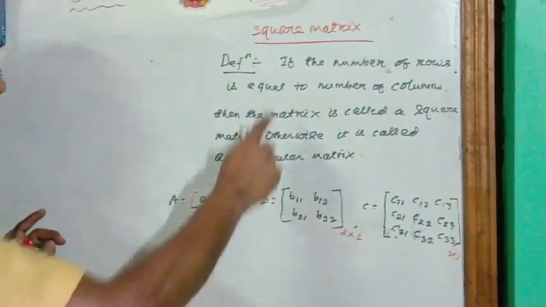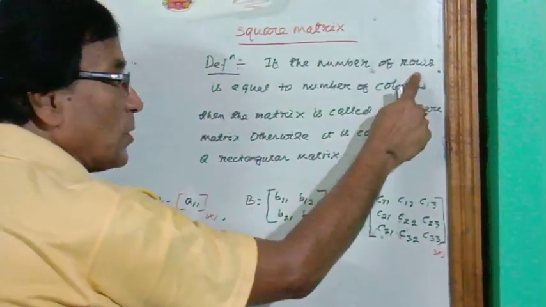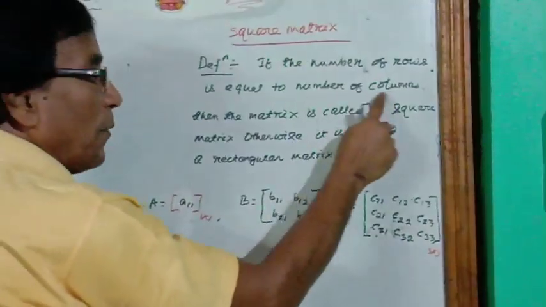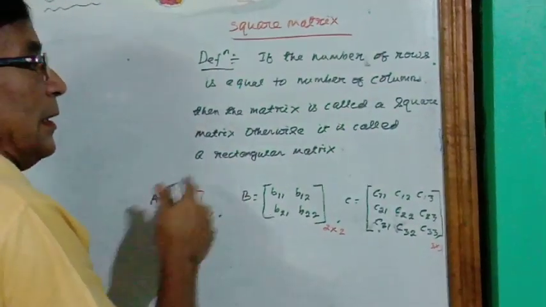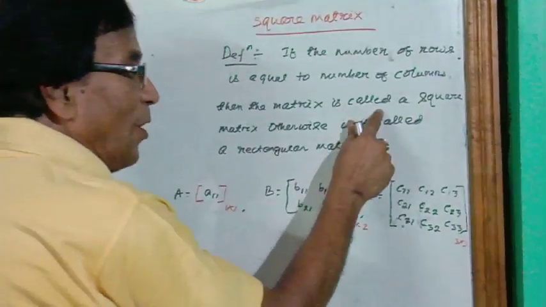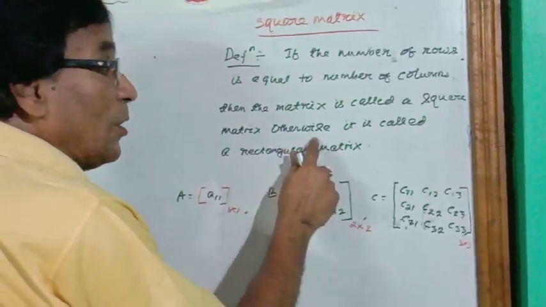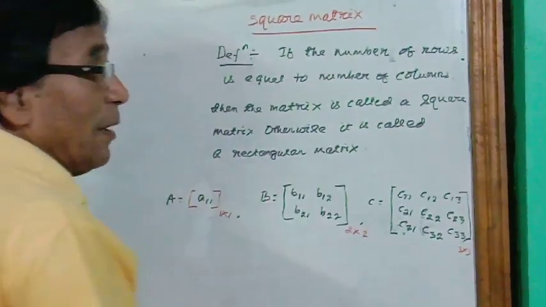Here you see that if the number of rows is equal to the number of columns, then the matrix is called a square matrix. Otherwise it is called a rectangular matrix.